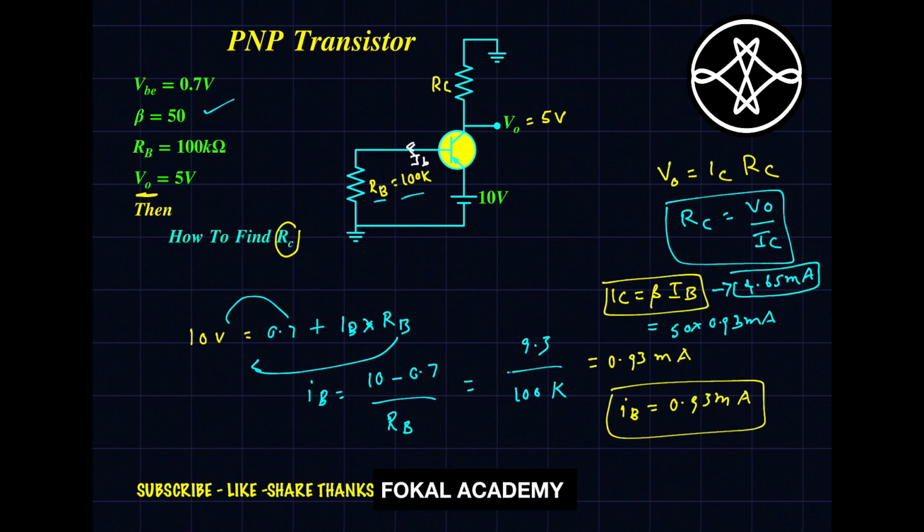Now substitute this value in this equation, then we get the required value RC, that is the collector resistance. RC equals V0, which is given as 5 volts, so 5 minus 0 divided by the current, 4.65 milli, milli means 10 power minus 3. 5 minus 0 is nothing but the voltage drop across RC.